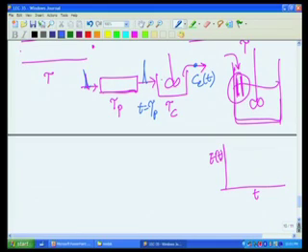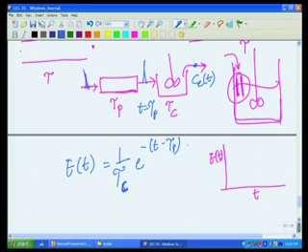So, in other words, we can expect E of t as 1 over tau c, which is the residence time for the continuous stirred tank reactor, e raised to minus (t minus tau p) by tau c. For the sake of being consistent with the notation which we will find in textbooks, let us call this residence time in a stirred tank reactor as tau s.